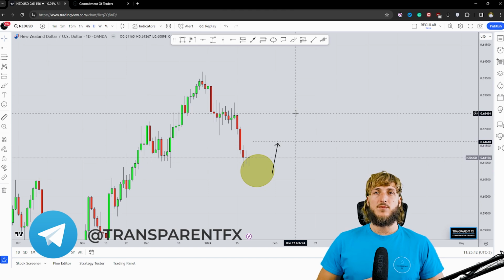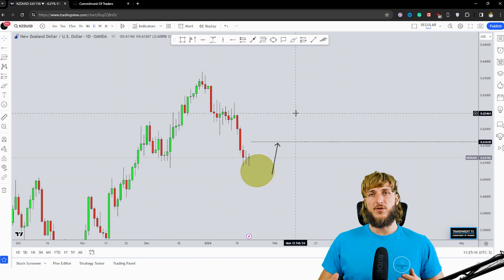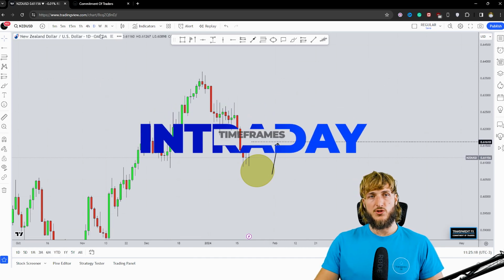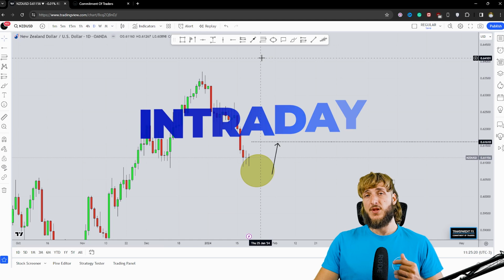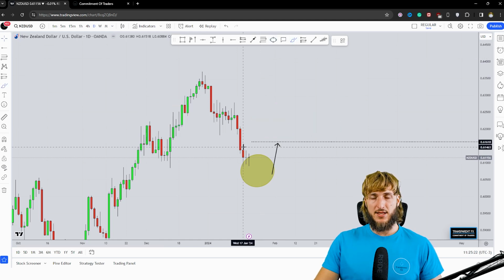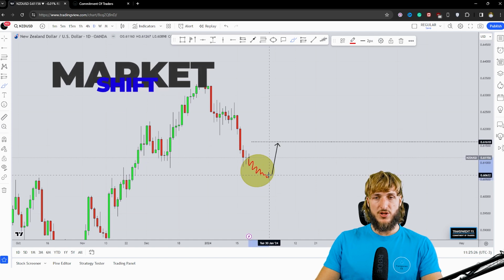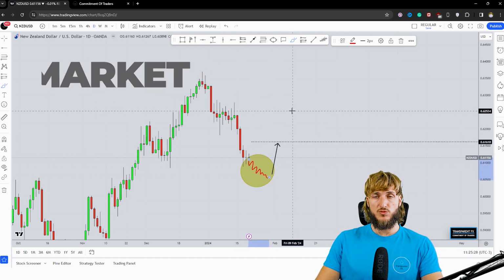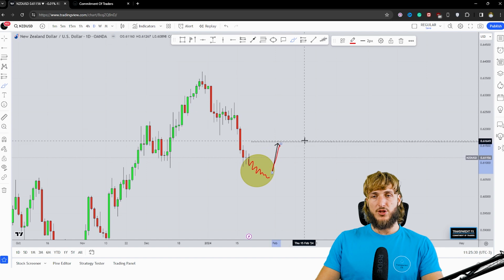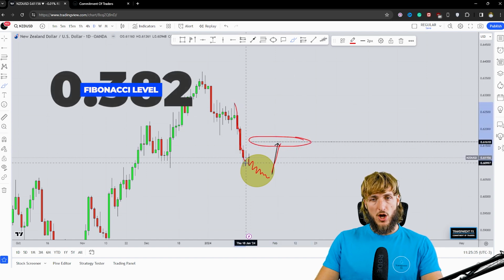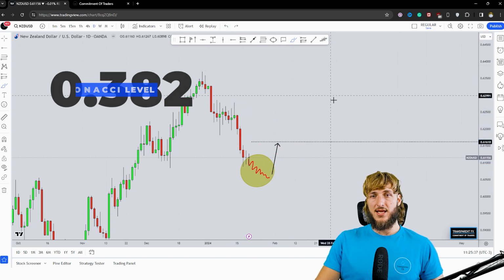However, when it comes to identifying early shifts in a trend of a market, the best timeframes for that are the intraday timeframes, so 4 hour and lower. Therefore, what I would expect in a situation like this is that if this market would shift from an intraday bearish market to an intraday bullish market, at that point, I would expect a potential move higher for the market to retrace at least to the 0.32 of the Fibonacci taken on this daily impulse leg.